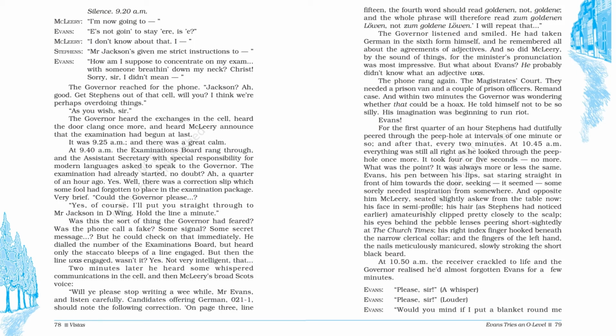The governor put him straight through to Mr. Jackson in the wing. But the governor was not sure whether the call was fake or some kind of a signal or a secret message. So he thought of checking on that immediately by dialing the number of the examinations board, but heard only the staccato bleeps of a line engaged. But then the line was engaged, wasn't it?